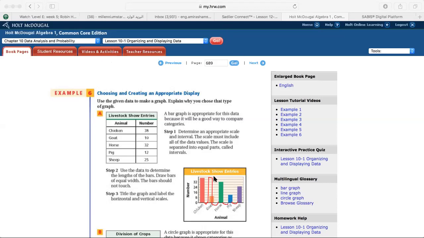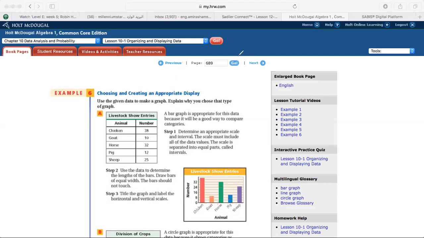Okay, girls? And all the bar graph, all the bars must have the same width. Okay, girls? No one is bigger, like I will not draw one bigger like this and one thinner like this. No, all must be the same width.